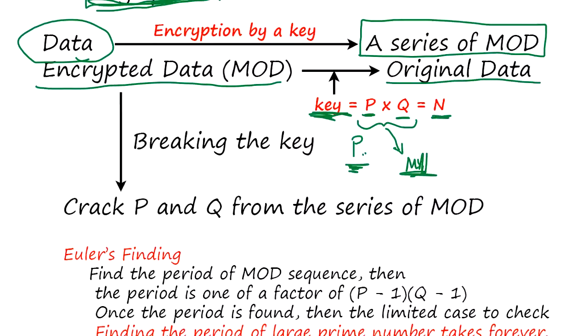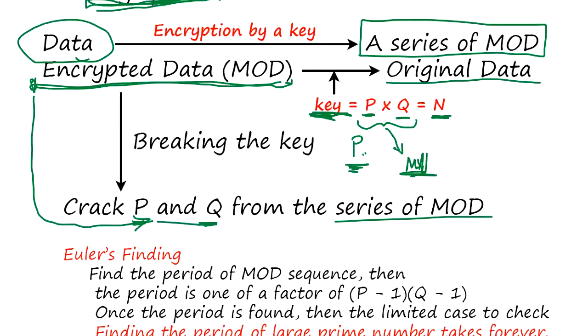And testing every possible combination using a computer would take many years. So cracking P and Q from the series of mods, that means the encrypted data: suppose you copy someone's encrypted data and try to crack P and Q, that's not possible within a short time.